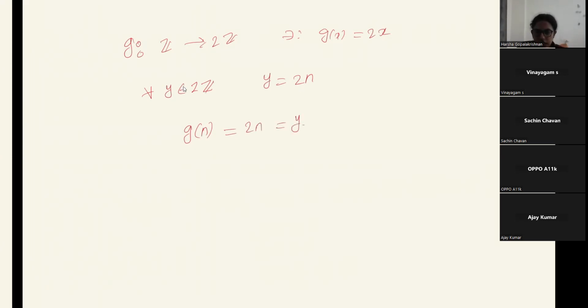Clear? We started with an element in 2Z and found an integer n in Z such that g of n equal to y. This implies g is onto. This happens because we eliminated all the odd integers from the codomain. So it is an onto method.